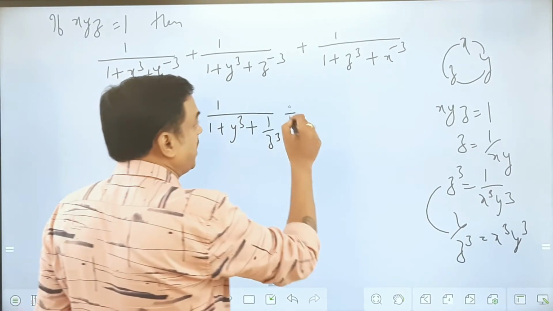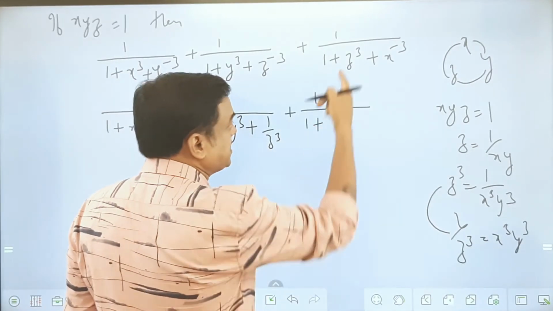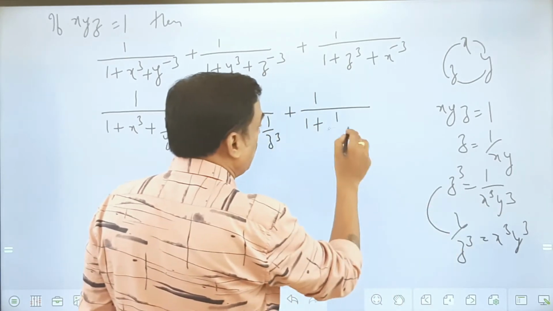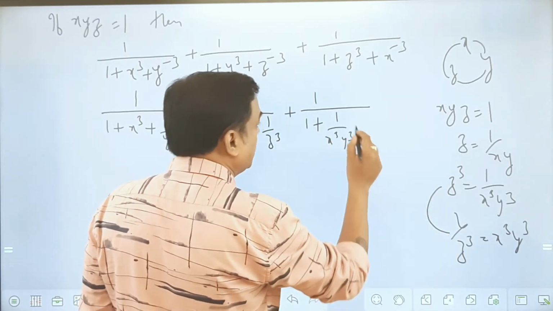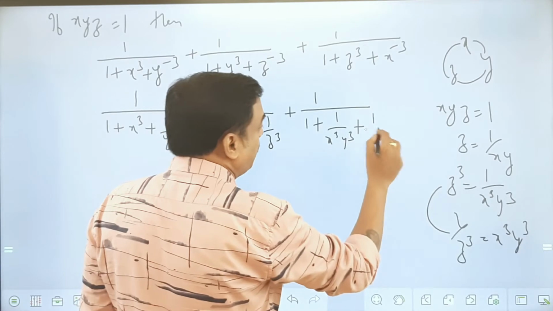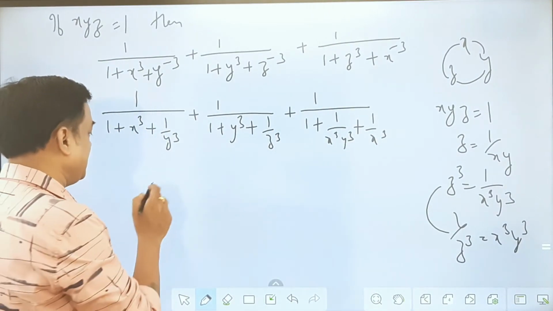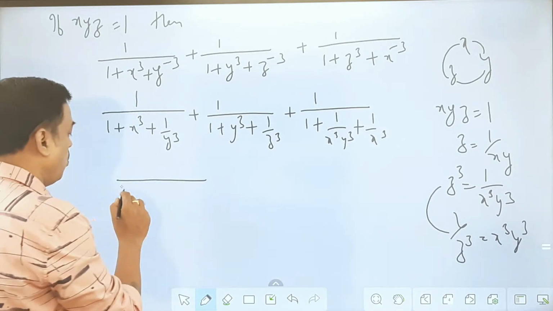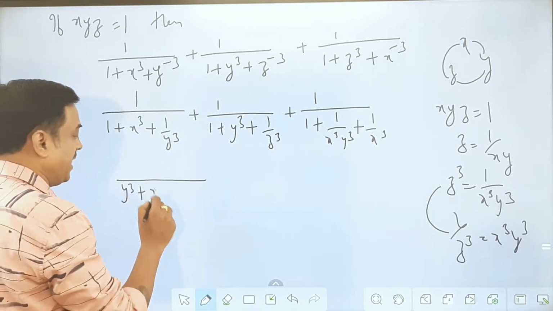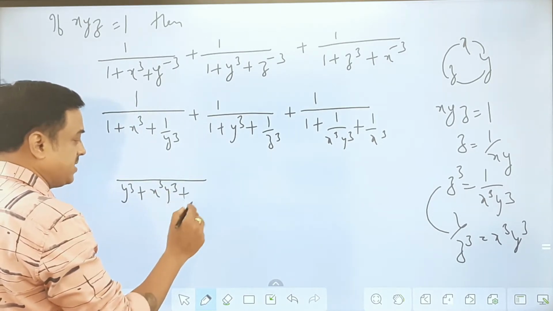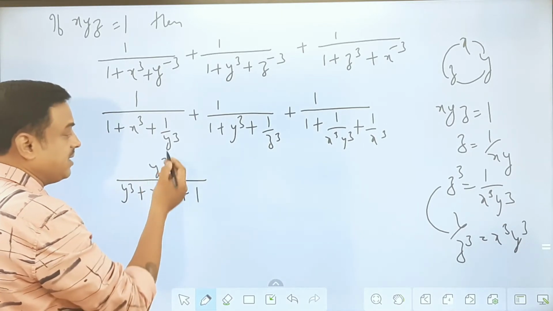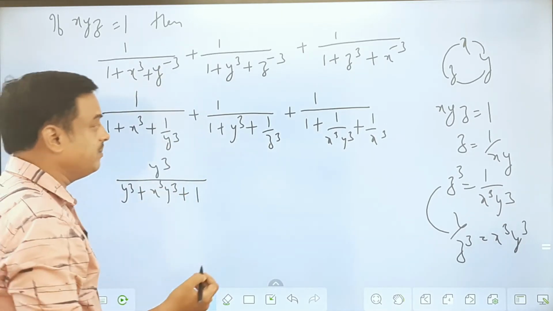The next one, 1 by 1 plus z cube. What is z cube, friends? 1 by x cube y cube plus here 1 by x cube is what I get here. After you take an LCM, this will become y cube plus x cube y cube plus 1 and the denominator y cube will go to numerator.